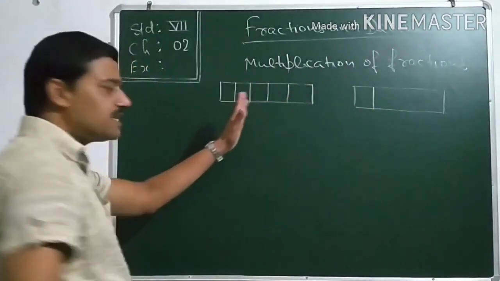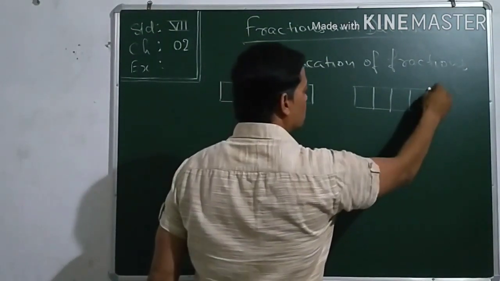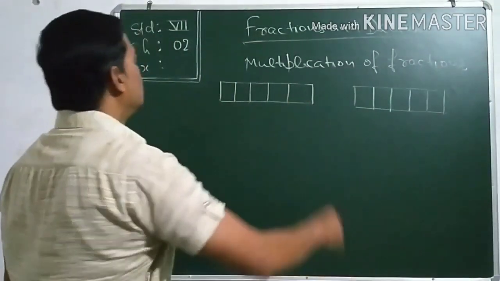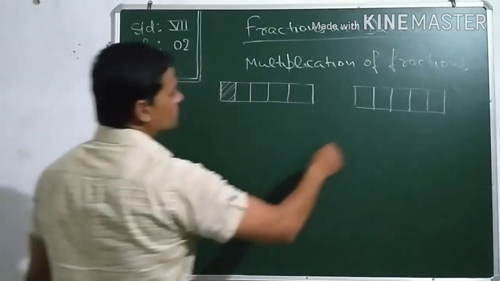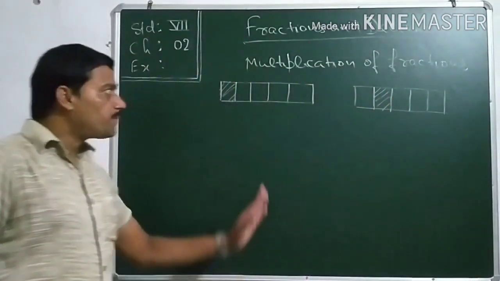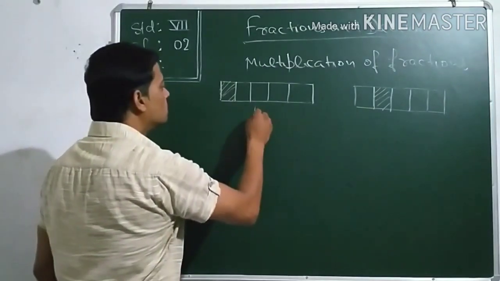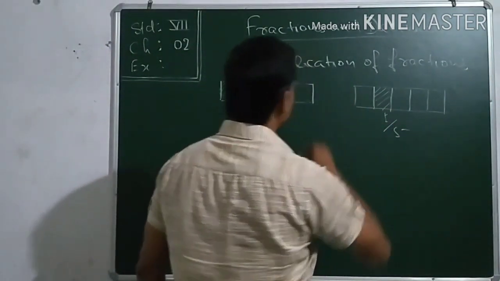Consider that these parts are equal. Let me say one part here. In terms of fraction, we will write this is 1 by 5, this is also 1 by 5.